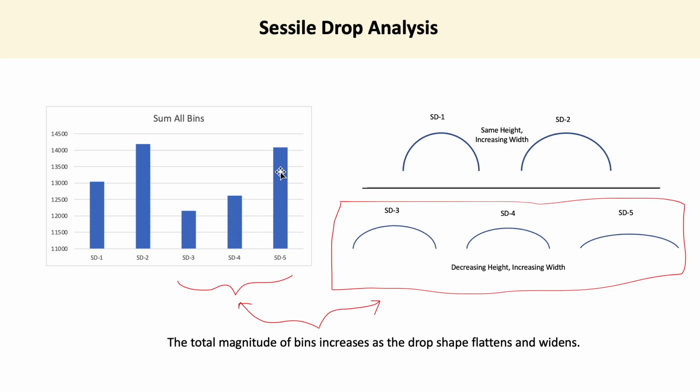Which is very interesting, because in this case, as the shape widens and flattens, you also get an increase in the magnitude of the sum of the bins. And so you see that this method shows a form of information about shape that contact angles just cannot do.